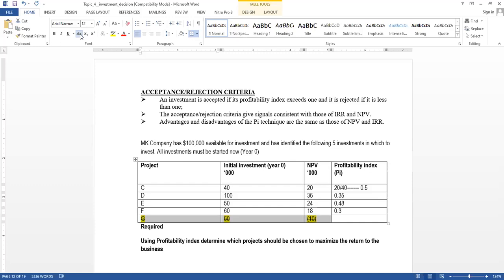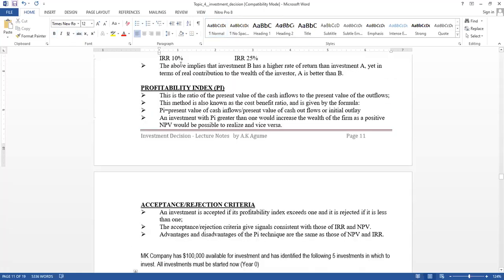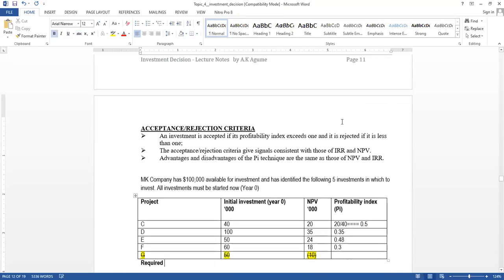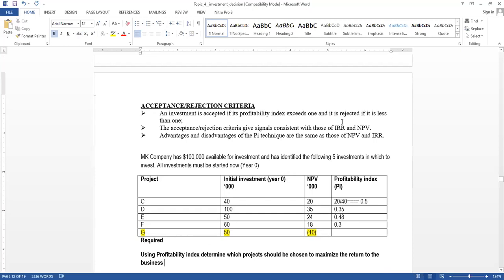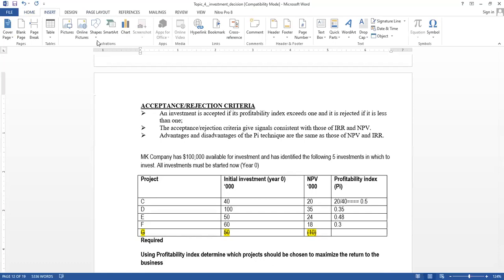Now, when you look at all these projects, you realize that they also have a PI of less than 1. Because what did we say? An investment that has a PI that is greater than 1 would increase the wealth of the firm. But now you realize that all these are less than 1. But still, basing on this, I can rank the projects basing on their PIs much as they are less than 1.